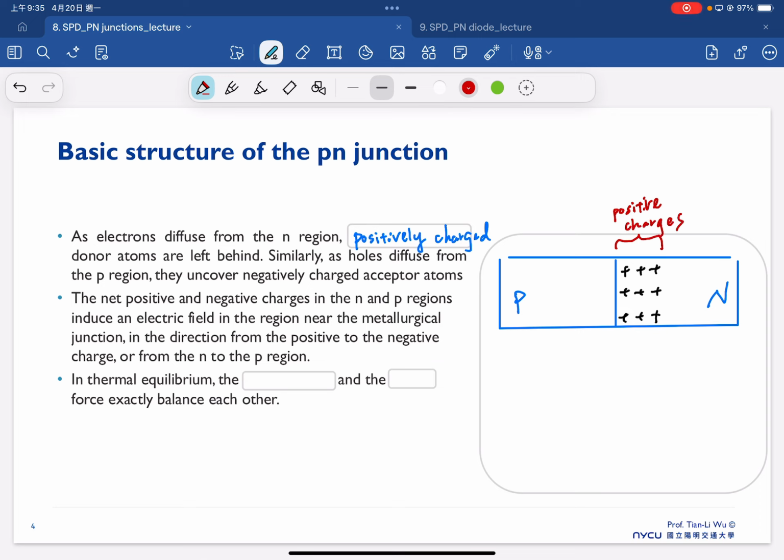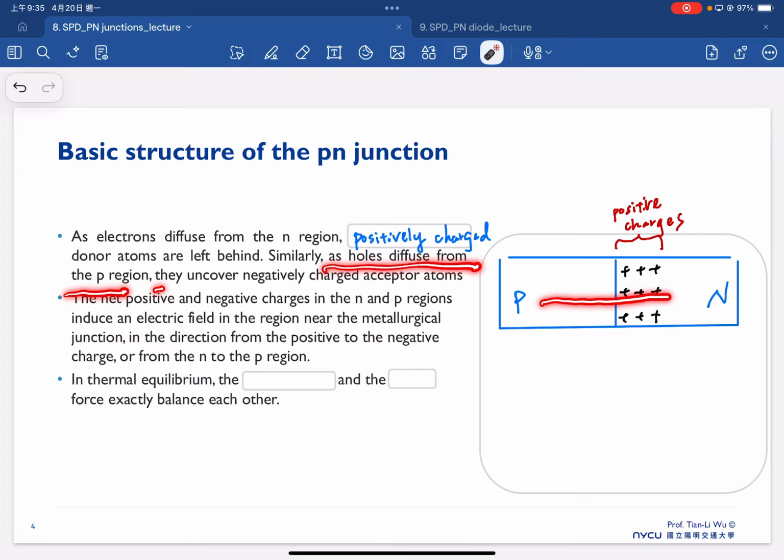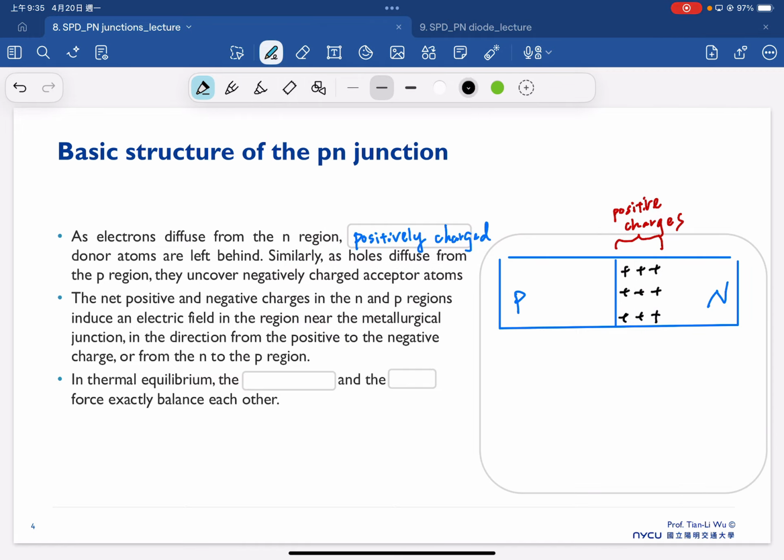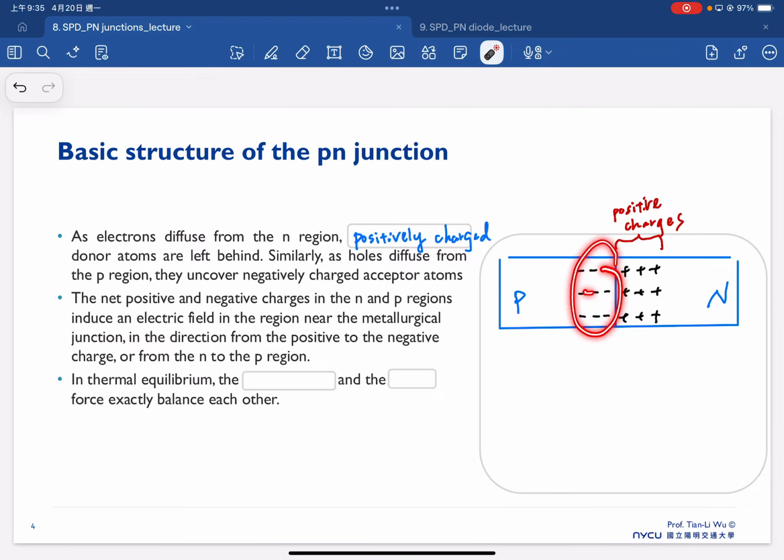Similarly, holes diffuse from P to N. So we will foresee negative charge left in this region, because certain parts of the positive holes are diffusing to the right. So we will have a negative charge here.